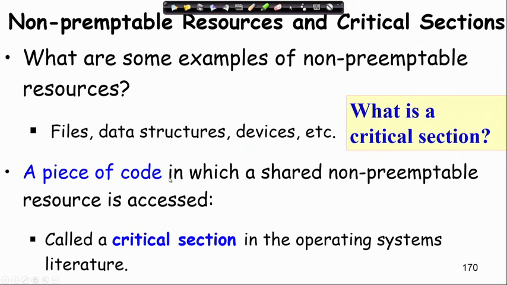It is a part of the program in which some shared non-preemptable resource is accessed. So, a critical section is a section of the code in which some non-preemptable resource is accessed, that is read and written, and this section of code is called a critical section in almost every operating system book and literature.